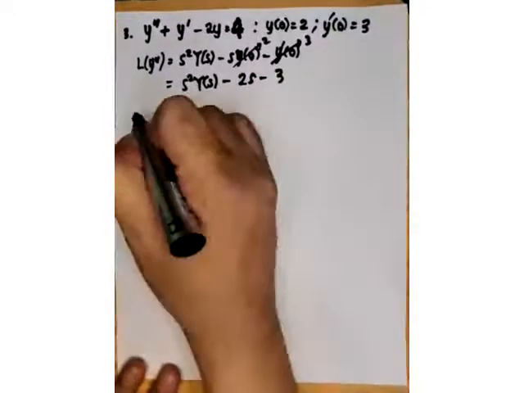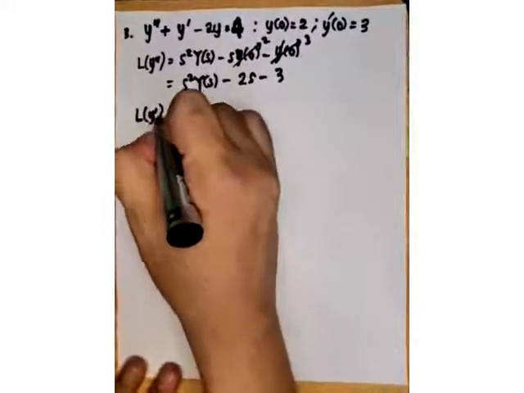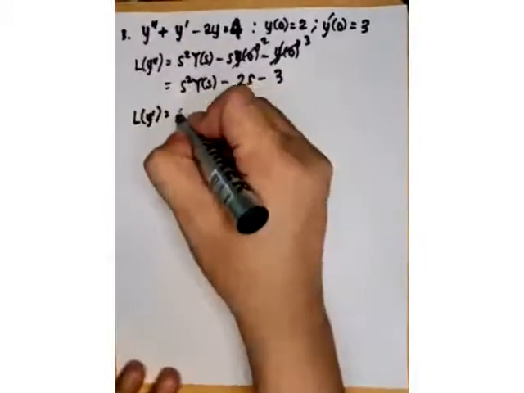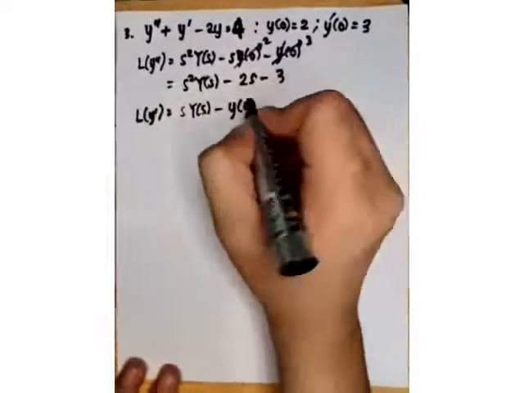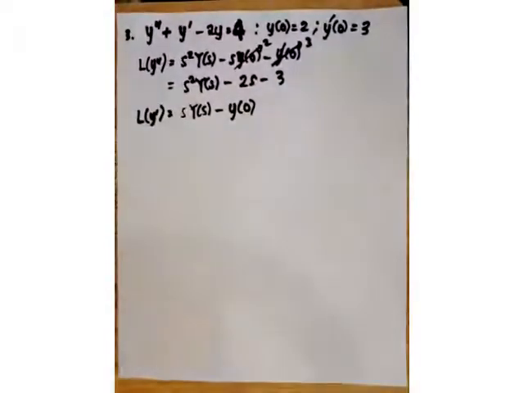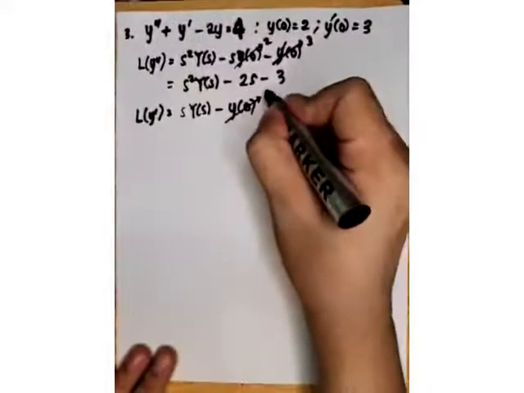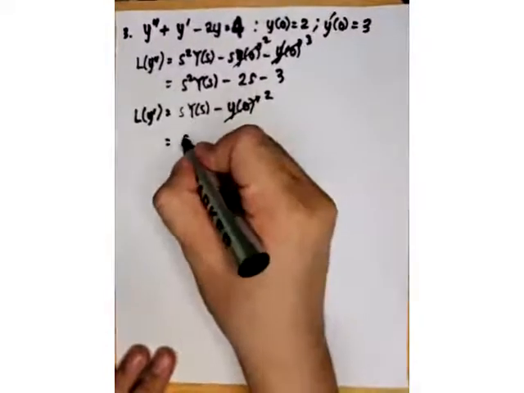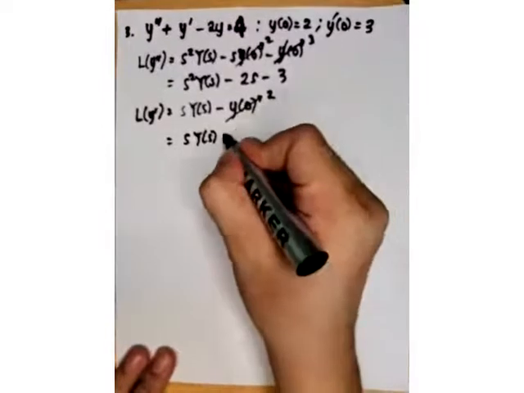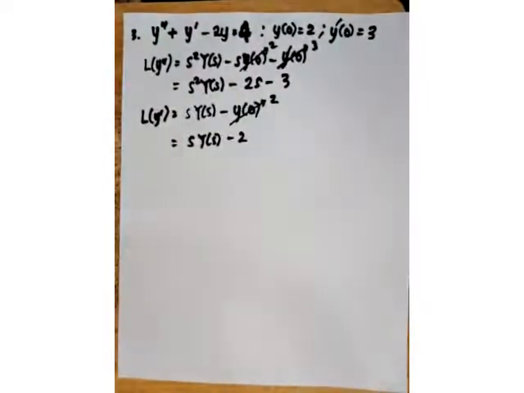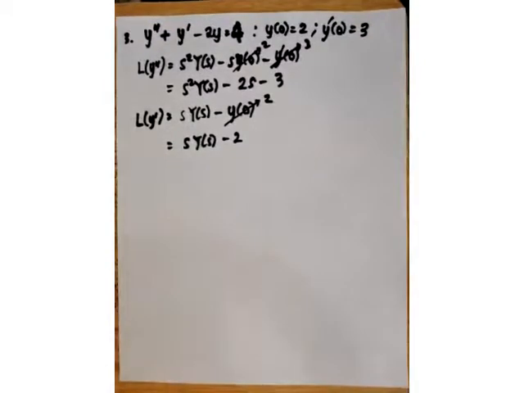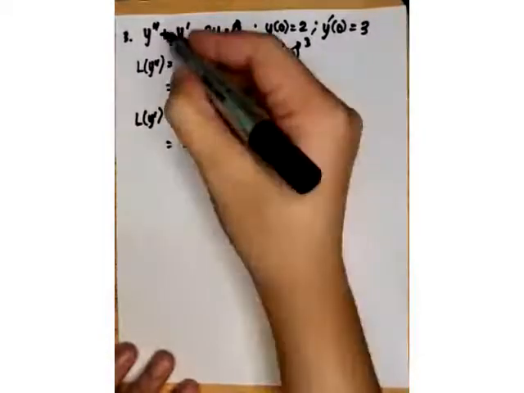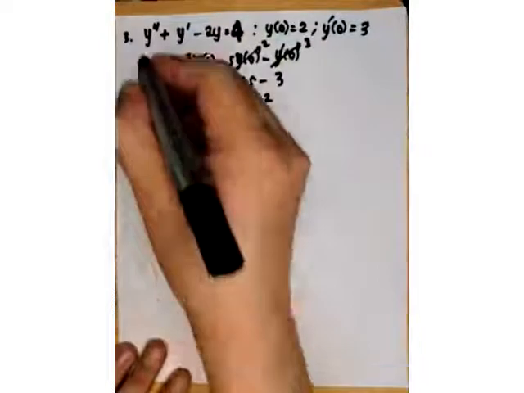Okay, next. Laplace transform of y prime. So that's equal to s y of s minus y when x is 0. Okay, so what is y when x is 0? It's 2. So therefore, that is s of y of s minus 2. Okay, so let us substitute to the given equation.